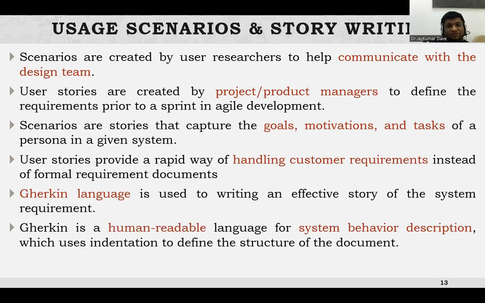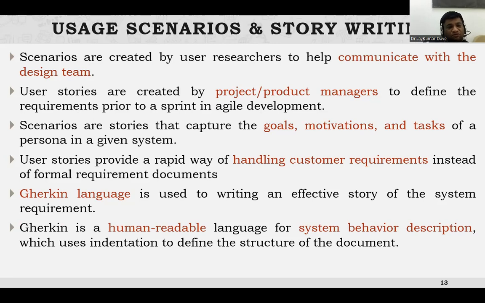Now proceeding further, what exactly are scenarios? Scenarios are created by user researchers to help communicate with the design team. User scenarios are created by project or product managers to define the requirements prior to a sprint in agile development. My dear friends, you must be aware of the concept of agile, right? In agile development, the entire functionality is divided into small sprints, and here we involve the end users for the particular sprints as well.